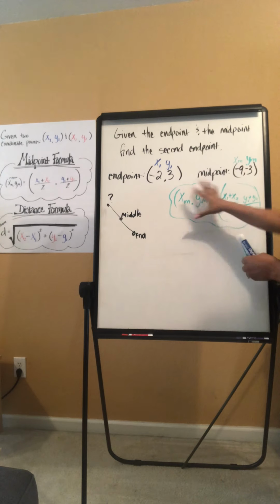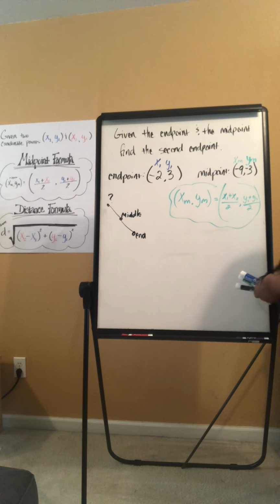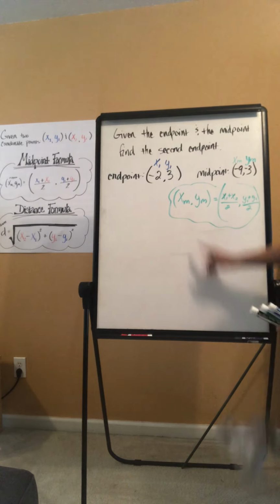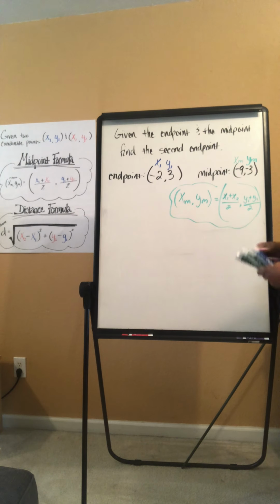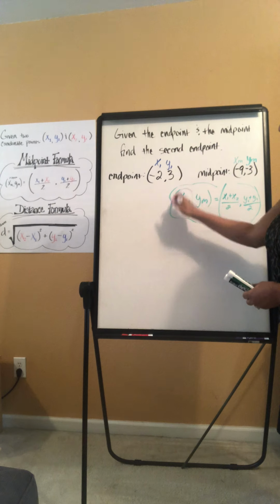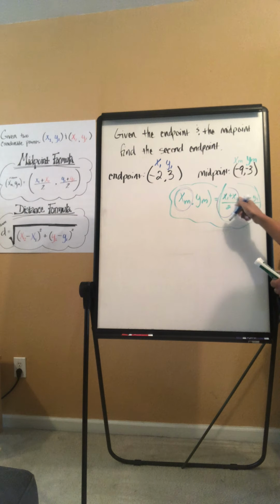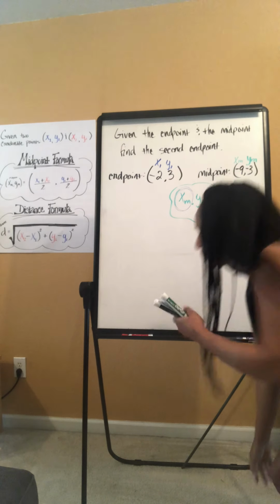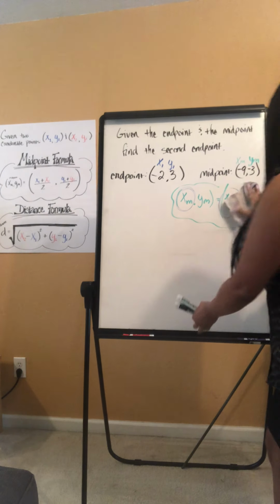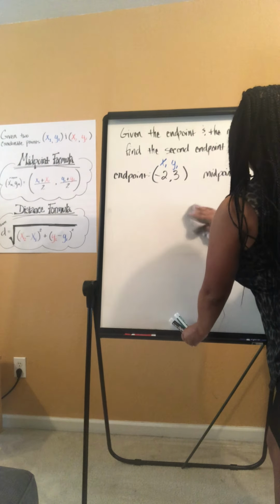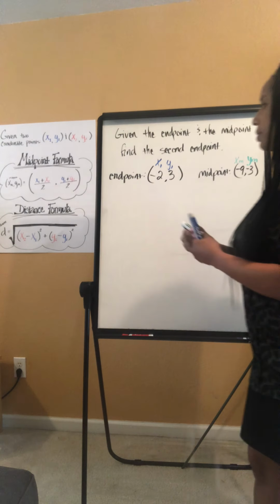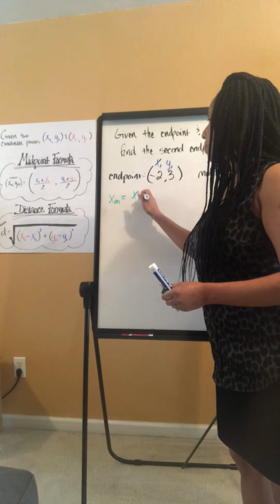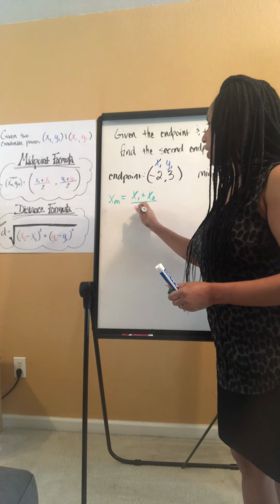Okay, so from this formula, I can take that xm equals x1 plus x2 divided by 2. All right, that's what I'm going to use. So xm is x1 plus x2 divided by 2.